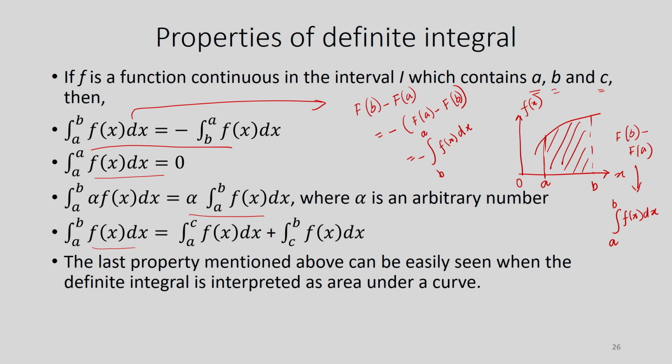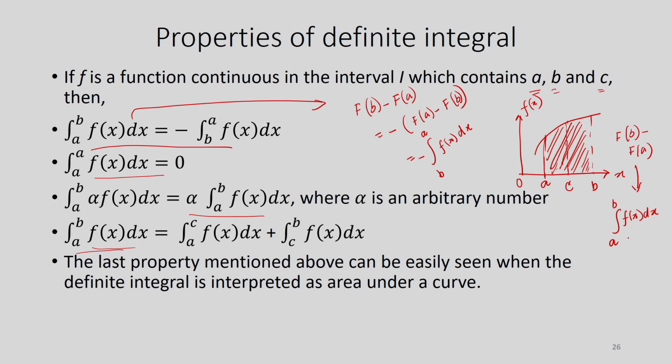The last property mentioned above can be easily seen when the definite integral is interpreted as area under a curve. Okay, this can be seen from this diagram itself. So, a and b are two numbers, a is less than b, and I take c somewhere in between, here is c. Now, I know the left hand side, that is a to b f x dx, is the entire shaded region. This entire shaded region can be subdivided into two separate regions, one from a to c and the other from c to b.